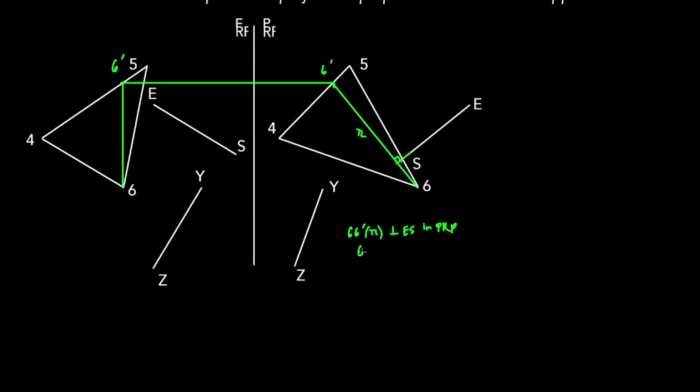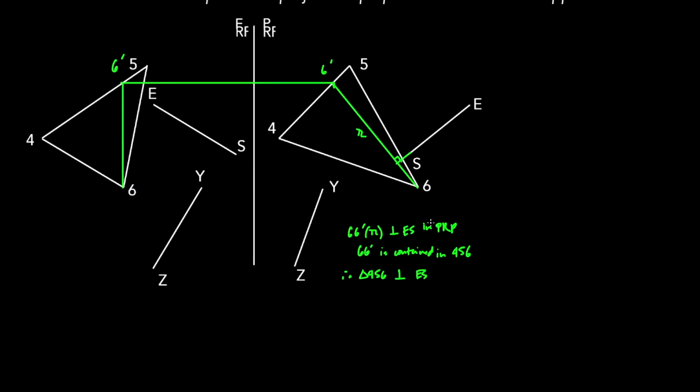So, in AFP, and 6, 6 prime is contained in 4, 5, 6. Therefore, 4, 5, 6 is perpendicular to ES. Okay?